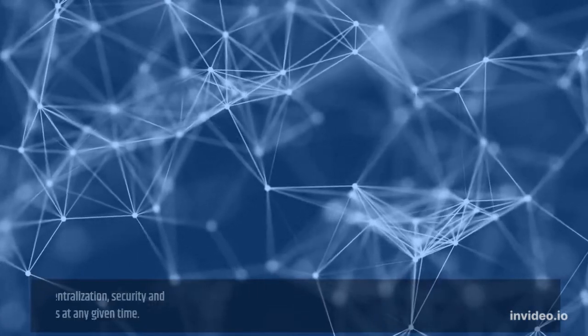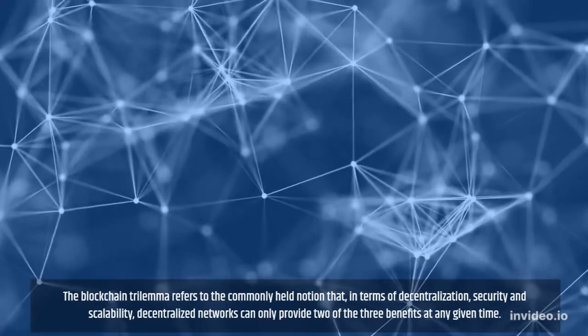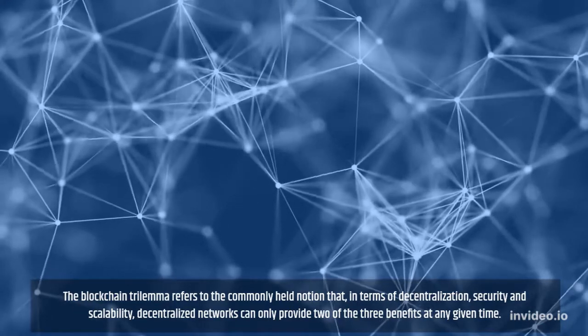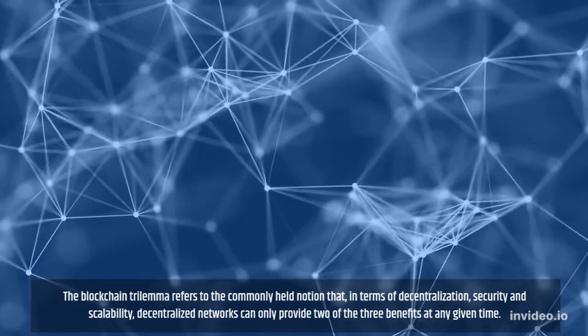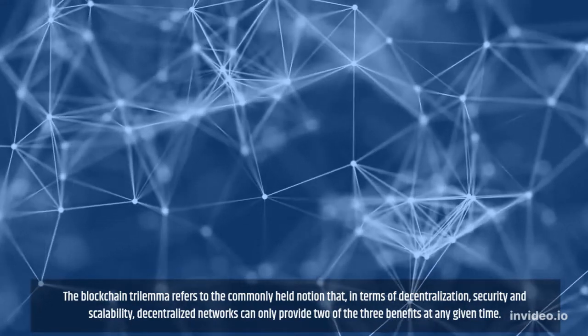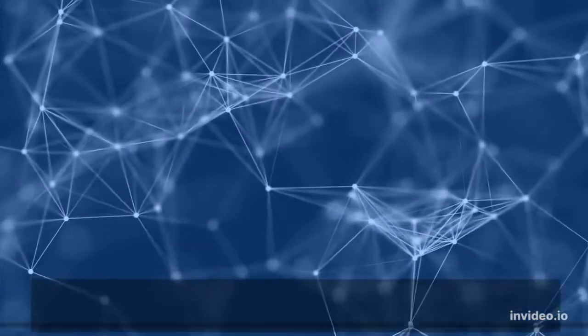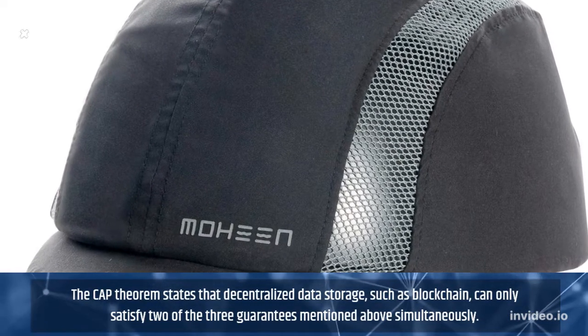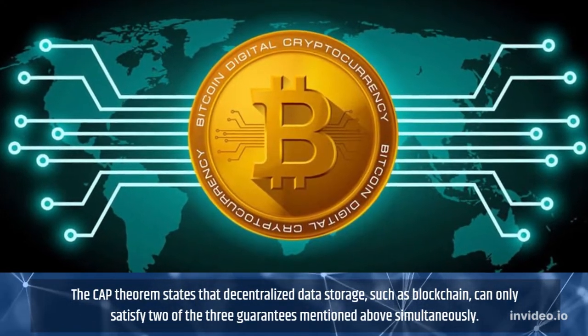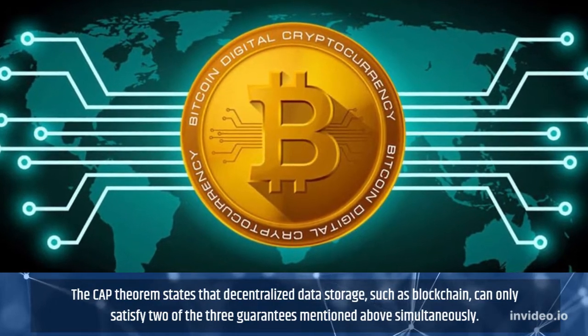The blockchain trilemma refers to the commonly held notion that, in terms of decentralization, security and scalability, decentralized networks can only provide two of the three benefits at any given time. The CAP theorem states that decentralized data storage, such as blockchain, can only satisfy two of the three guarantees mentioned above simultaneously.